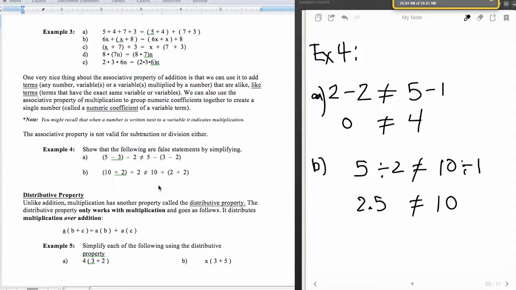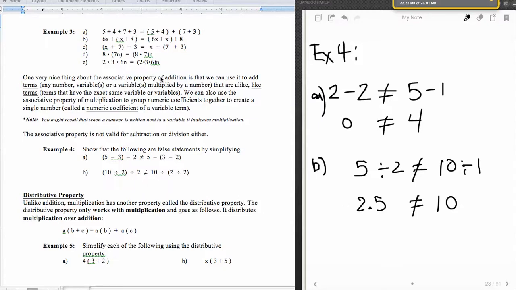So that shows that the associative property does not work for division either, because we got a false statement when we grouped the first two and then divided by the last one, versus grouped the last two and divided the first one by it. So not going to be okay.